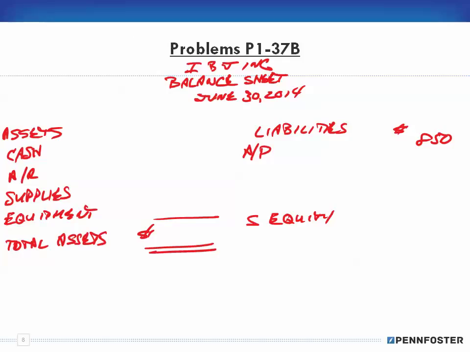Right? Now, if I had more than one account, let's say I had a notes payable here, okay, and for whatever dollars, well, then I would write out the words total liabilities, okay, and because I'd be doing a mathematical calculation, I would actually be writing it in this column and then putting just the total amount. So I have 850 here.